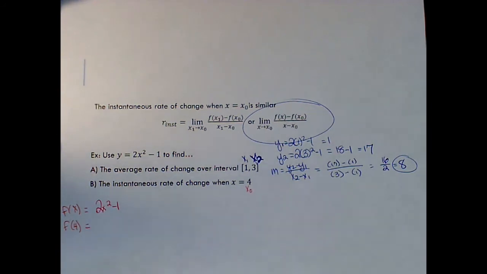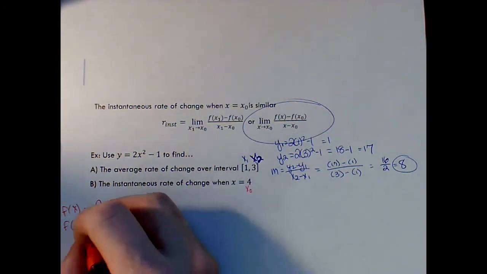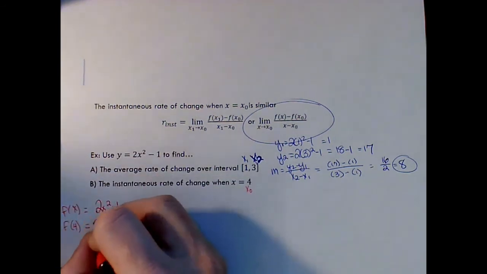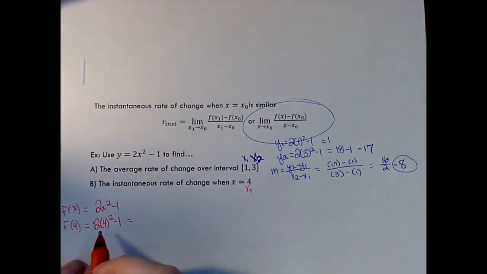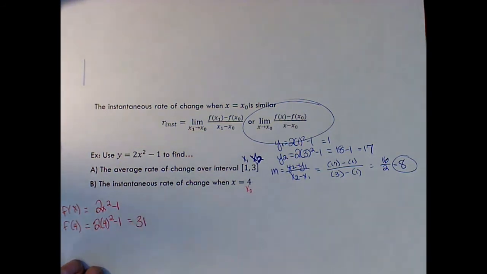Yeah, you guys are good. F of 4 is 2 times 4 squared minus 1. 4 squared is 16. 2 times that is 32. 32 minus 1 is 31.